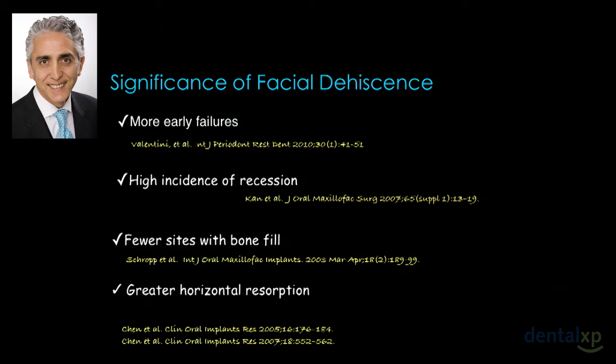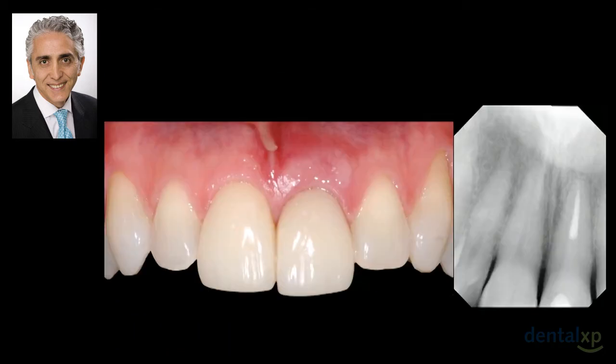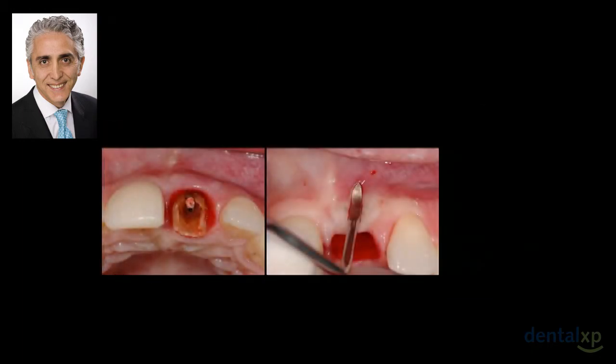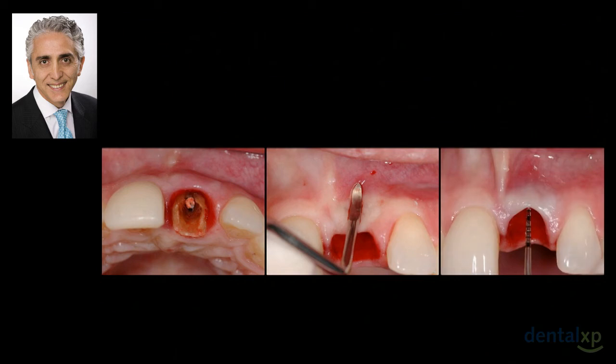And I concur with Dennis's recommendation of not placing the implant if there's a facial dehiscence. So what do we do? Dennis Sarna described the technique of ice cream cone, and we can utilize that in these cases where there's a facial dehiscence. As we observe in this case, after extraction, there's an 8 millimeter dehiscence.